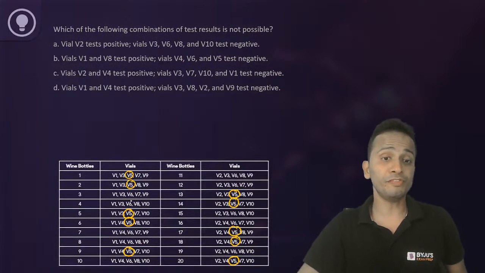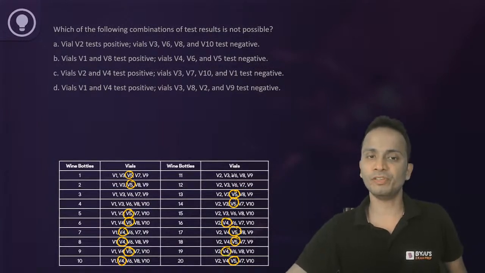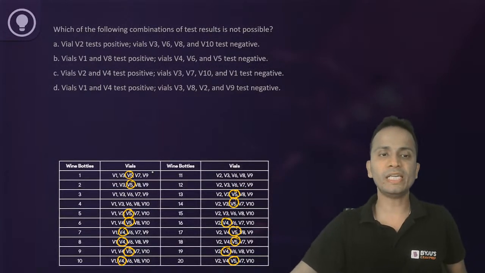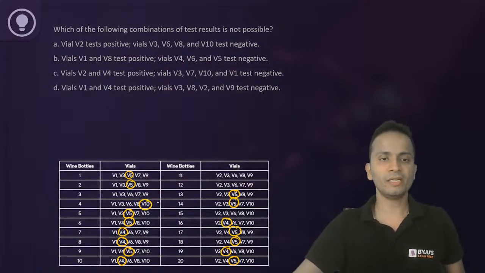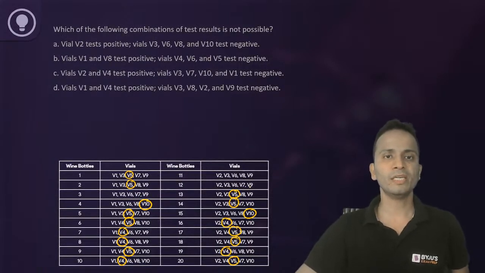Now on the basis of V4, let's see which all can be eliminated. So these can be eliminated on the basis of V4, and these can be eliminated on the basis of V4 as well.